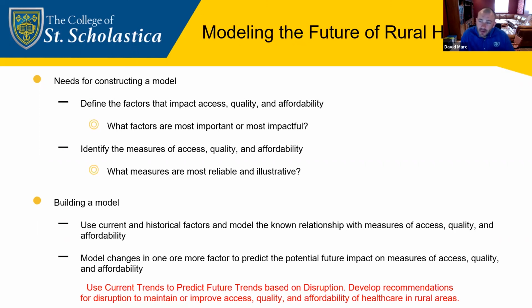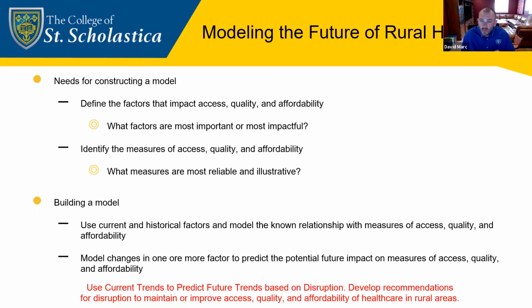When we think about the factors that can impact access, quality, and affordability, we not only have to think about all the factors that can impact those components, but also which of those factors are most important. When we think about measuring access, quality, and affordability, which measures are most reliable and illustrative of those three components?